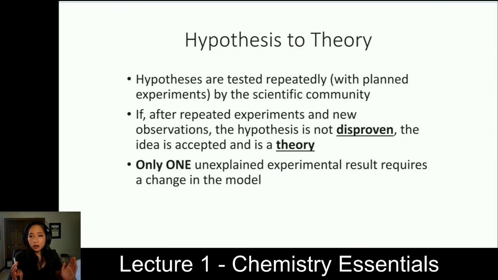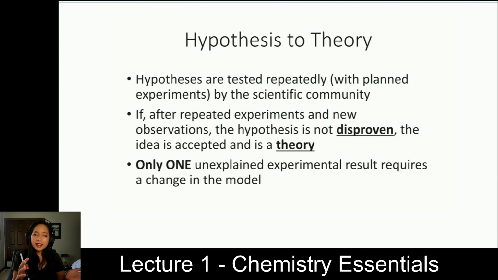So after a lot of experiments are made, as long as the hypothesis is not disproven, because all it takes is one experiment to change a model, to essentially nullify the hypothesis, eventually the scientific community accepts the hypothesis and it becomes a theory.